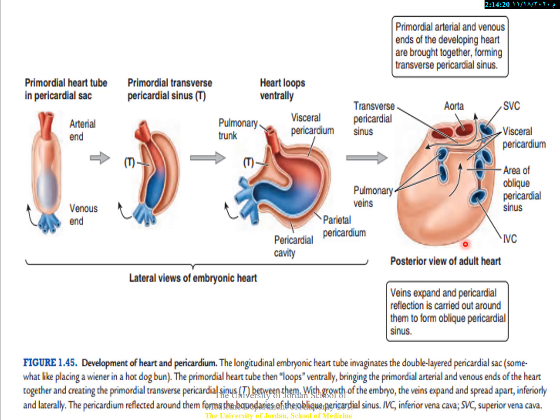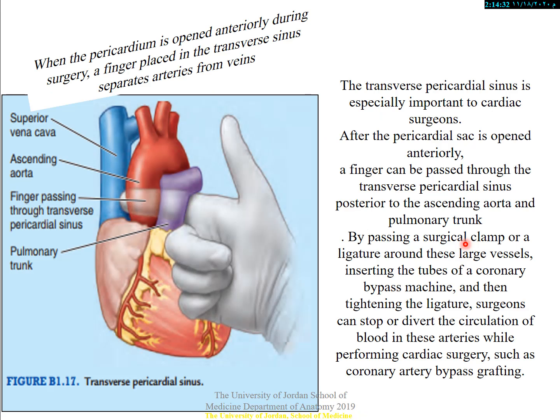So the heart folds, and as it does so, some of the serous sac gets trapped, forming the transverse and the oblique sinuses. Now, when the pericardium is opened anteriorly during surgery, a finger is placed in the transverse sinus, as you can see. Now, this is the best way to explain this.